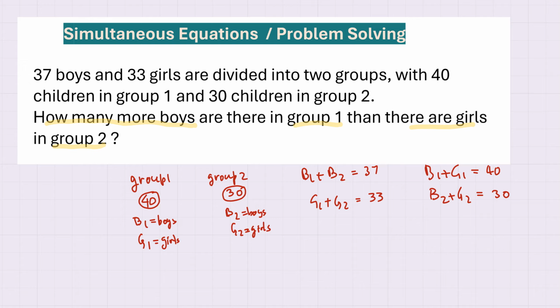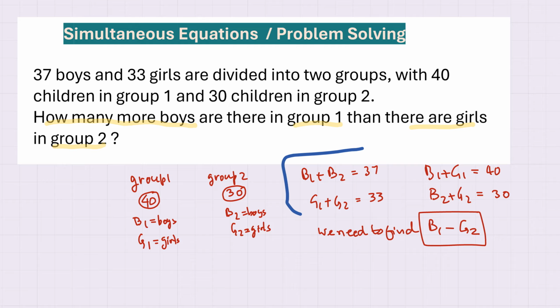So then what I can do is write that we need to find, for more boys in group 1, B1 minus G2. So this is what we need to find, from the system of equations that I've written down here.